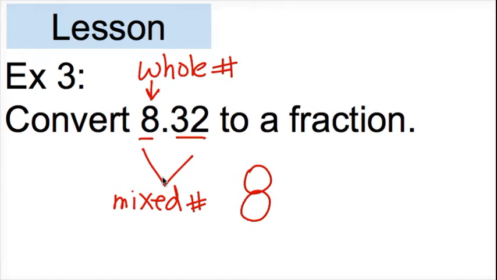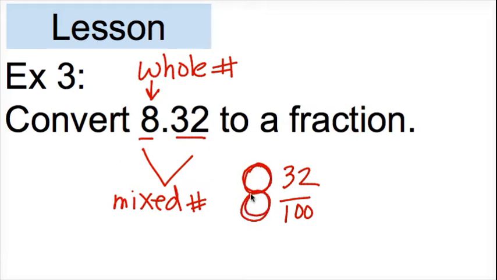Think about this. If I told you to write a fraction and the numbers I gave you were 8 and 32 hundredths, it would look like this, right? If you want to use the steps, they never talk about digits to the left. But from what we just talked about, you know that 8 stays whole. So the 8 stays whole.